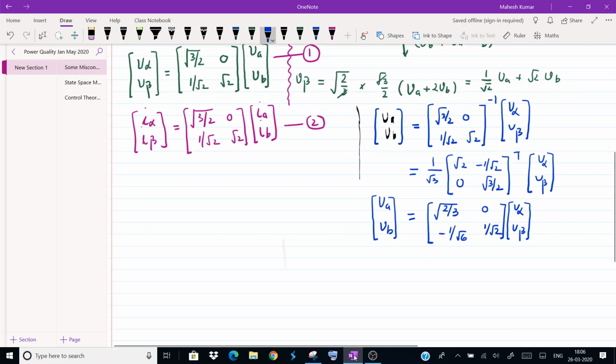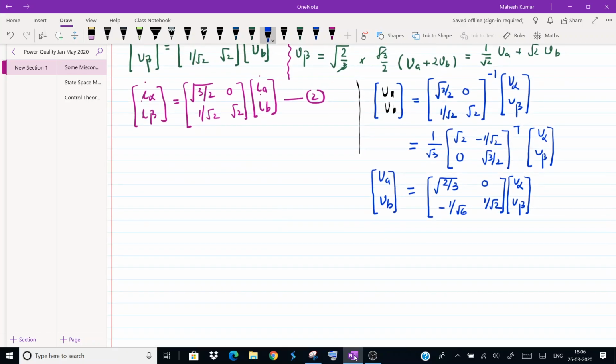And similarly, we can express current as well. So we can find IA and IB in terms of these components. So 2 by root 3, 0, minus 1 by root 6, 1 by root 2, into I alpha and I beta.